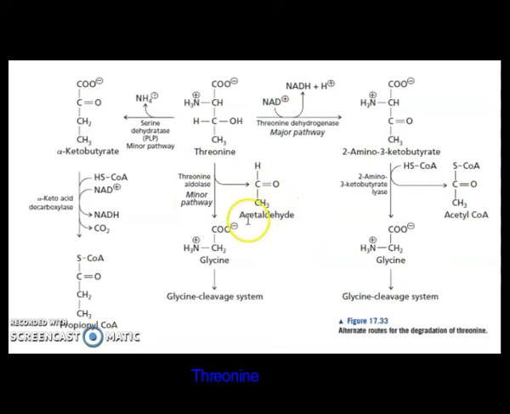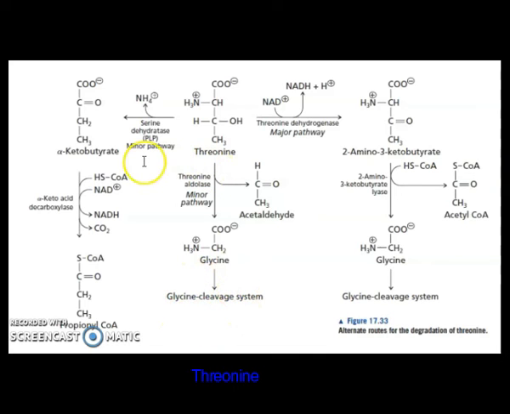Acetaldehyde can be oxidized to acetate by the action of acetaldehyde dehydrogenase, and acetate can be converted to acetyl-CoA by acetyl-CoA synthetase. This can be processed in another pathway. Same with the glycine, which will be converted by the glycine cleavage system.